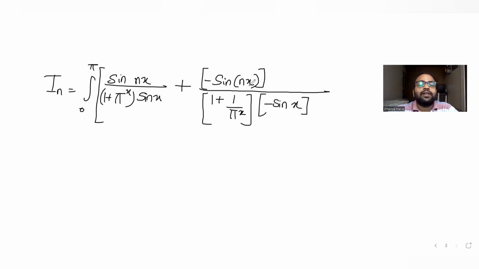Applying sine of minus theta is minus sine theta, both have one minus sign, so I can cancel them out and it becomes positive again.